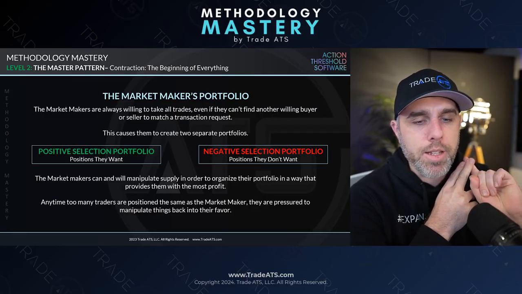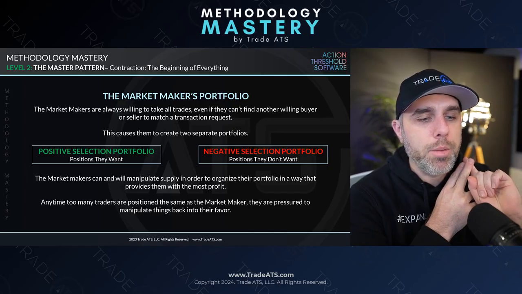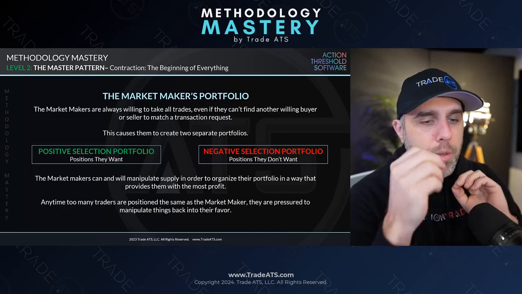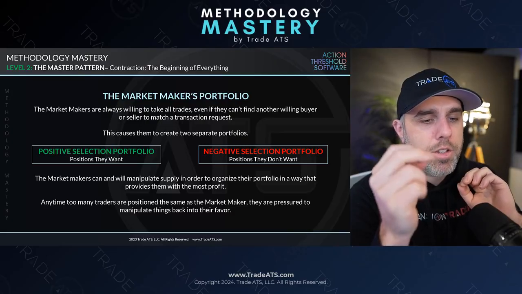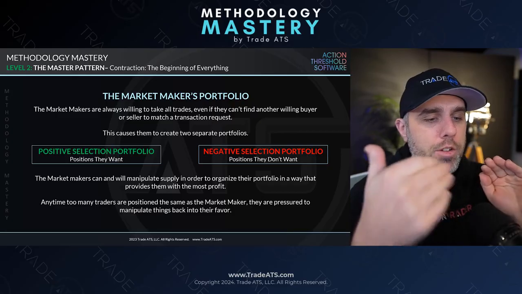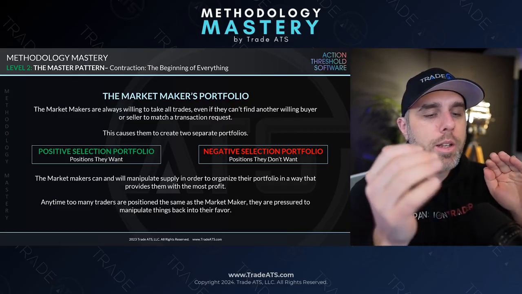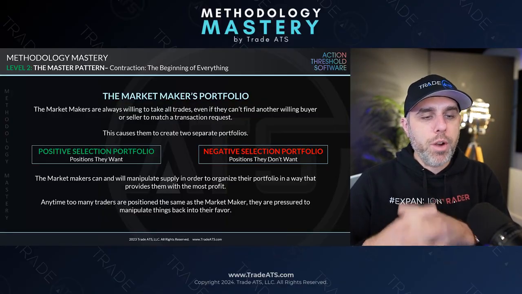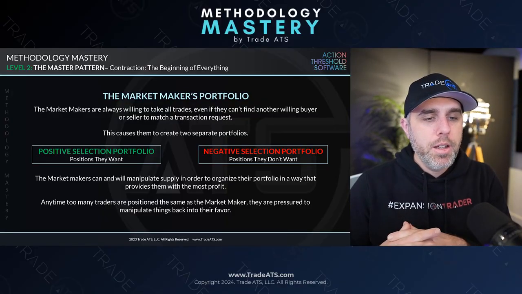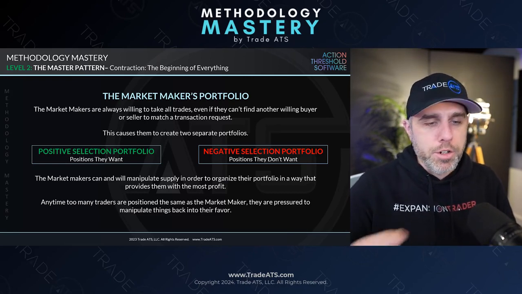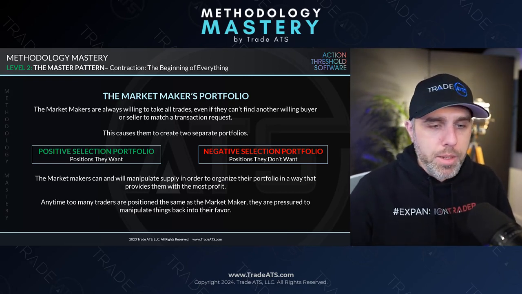Either way, it's more transactions. So if you were able to push the market just so subtly, just enough to recreate that balance and get so many traders not so net long, then you can take the other side of all those traders from that manipulative activity and get rid of your negative selection portfolio, therefore ensuring that you're able to go on with your business.